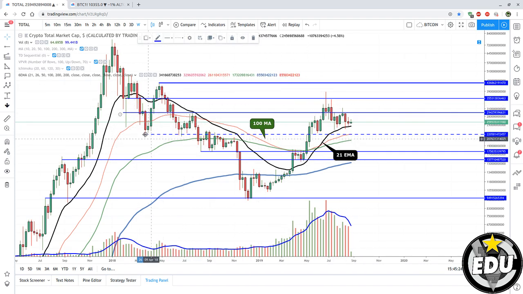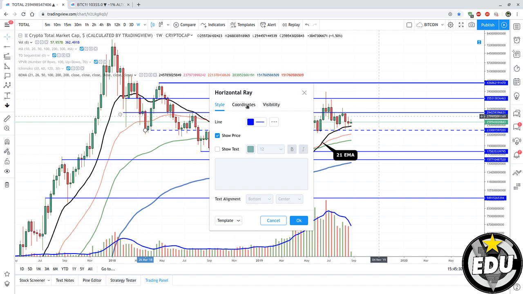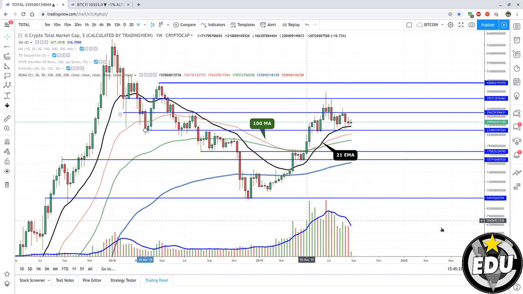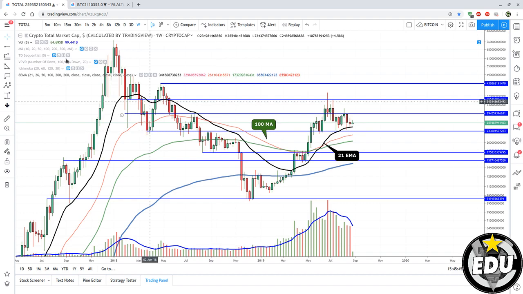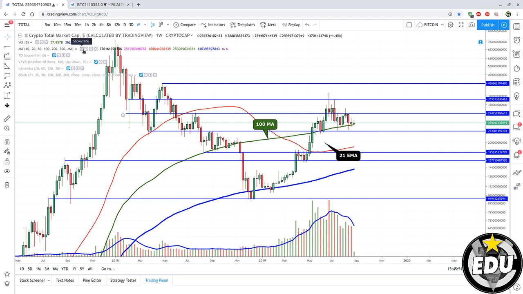This is the level based on the weekly that is also super important. Very similar to the Bitcoin chart, volume also dropping. Nothing to add here, it's pretty straightforward. The bullish cross, oh, this is nice too. Look at the 100 moving average on weekly when it comes to the market cap.